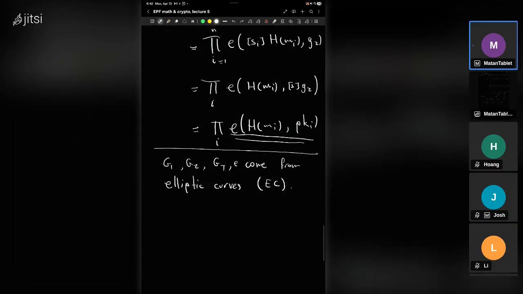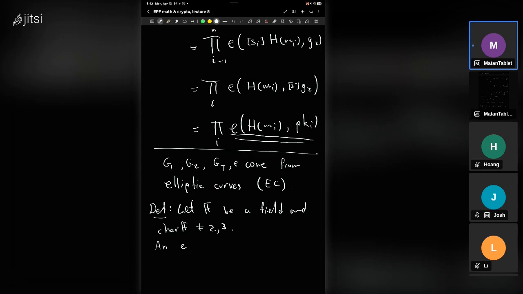Okay, so definition. Let F be a field, and let's assume that the characteristic of F is not 2 or 3. That's okay, because usually we take a very large prime as the characteristic.